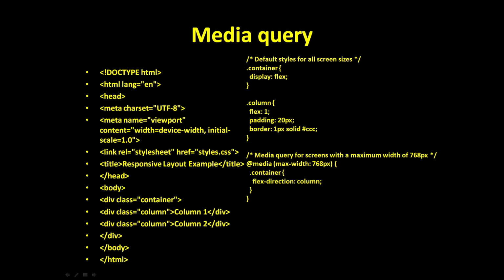if you have a mobile phone and you want to see the best resolution, which will adjust by itself, at that time we use a meta tag, and within the meta tag we specify the character set UTF-8, and the meta name we use is viewport.